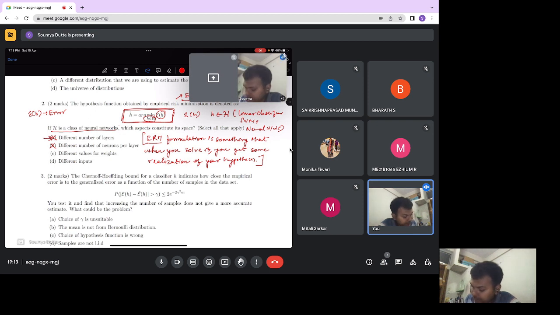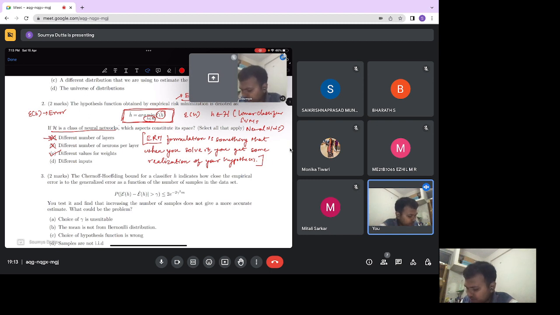Different values of weights is correct, because in the backpropagation algorithm, when you solve it, you end up with weights for the neural network that you had started with.